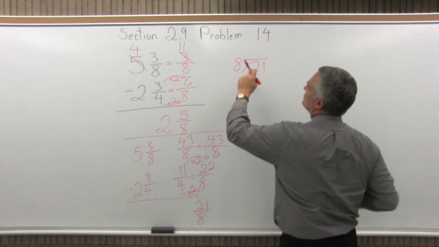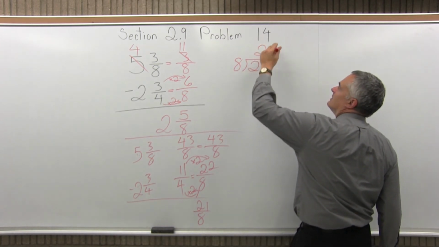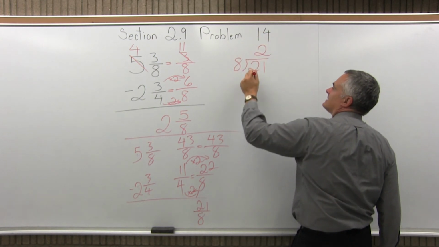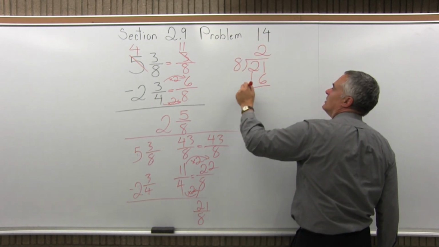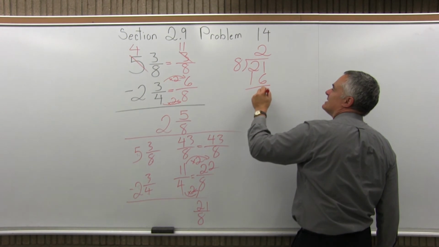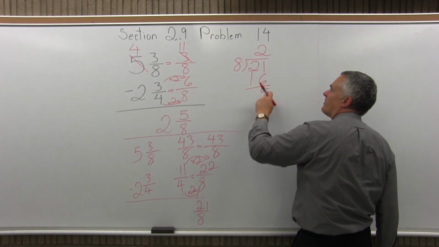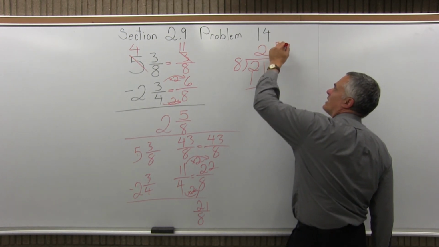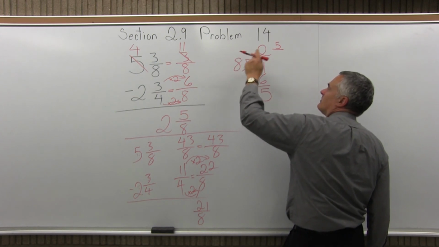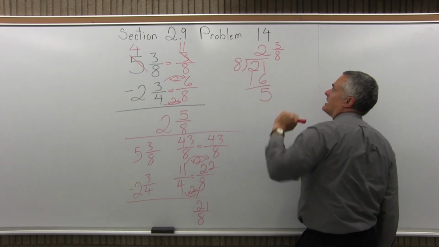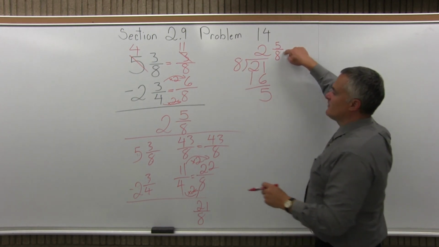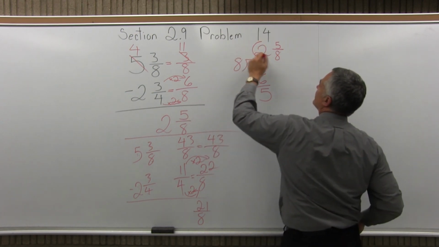So 2 times 8 is 16. 21 minus 16 is 5. So my remainder is the new numerator, and the divisor stays the denominator. 2 5/8. Same answer.